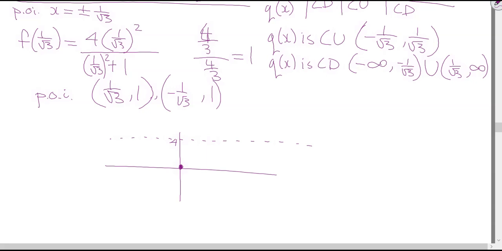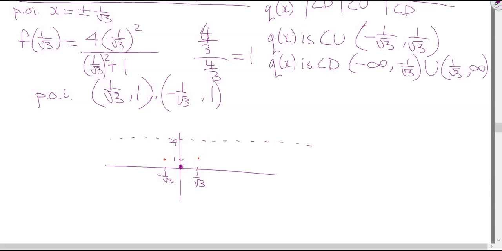We've got concave down, concave up. We have points of inflection at 1 over root 3, negative 1 over root 3, 1 over root 3, 1. So we got point of inflection here and here.